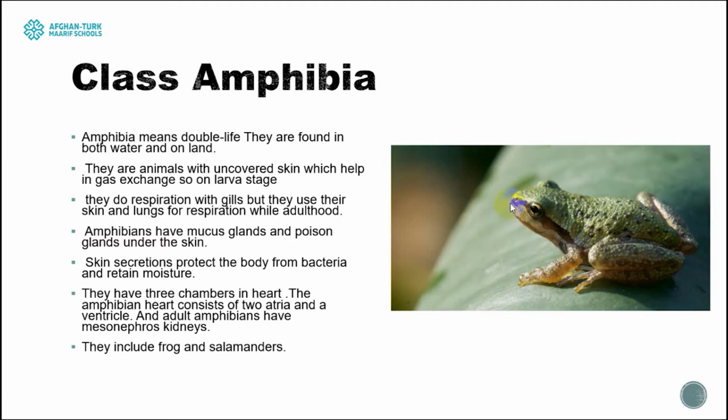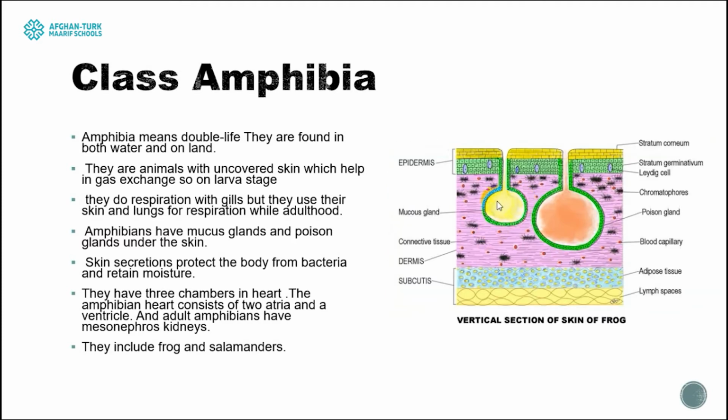So if we analyze their skin structure, we can see that they got dermis, epidermis, and different structures, but they got two different glands, which is making them different from the other vertebrates. The first one is the mucus gland, or a gland which is secreting mucus, or that shiny thing which is outside their body, and the other gland is the poison gland, which is producing poison. And these skin secretions, it means mucus and poison both, are protecting that amphibian against bacteria and some certain moistures.